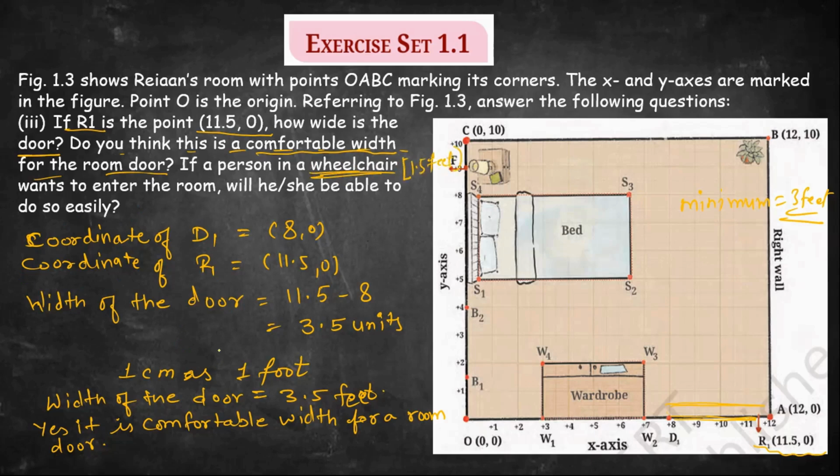So yes, a person with a wheelchair can easily enter. Why? Because the wheelchair width is 1.5 feet and the door width is 3.5 feet. So yes, easily enter the room.